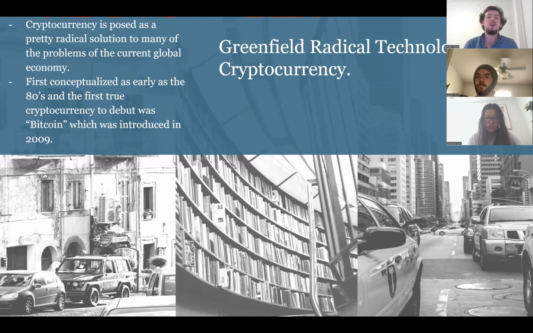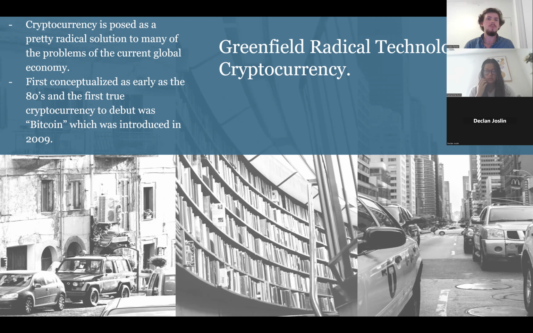Next up, we talked about greenfield radical technologies, in particular cryptocurrency. Now, cryptocurrency is a pretty big solution to a lot of global economic problems right now. In particular, it takes us away from these centralized banking institutions that have dominated the global economy for a long time, and it's decentralized peer-to-peer transactions that completely revolutionize transactions as a whole.